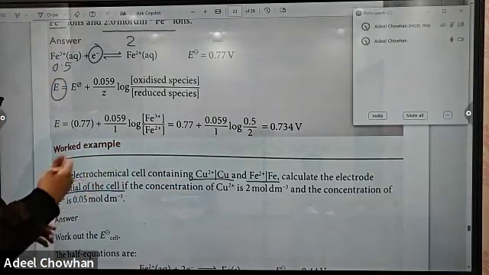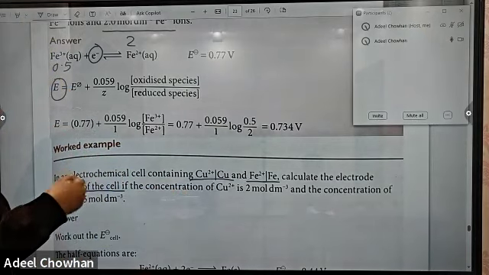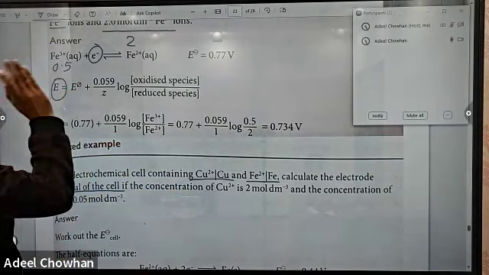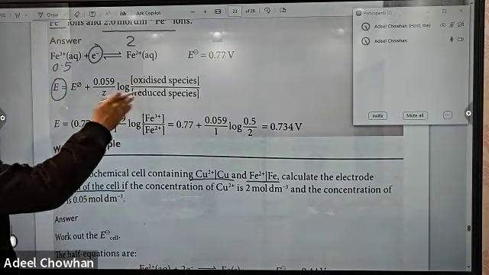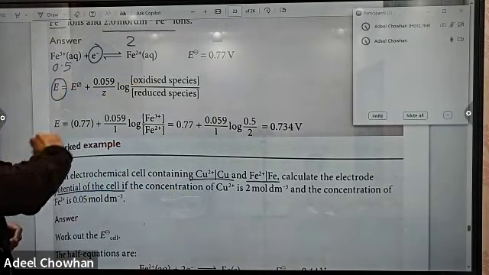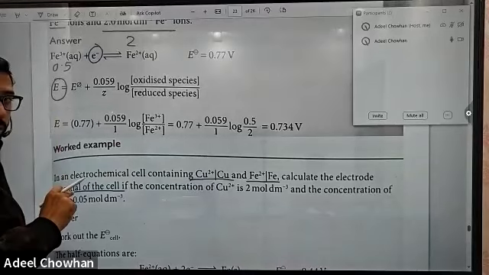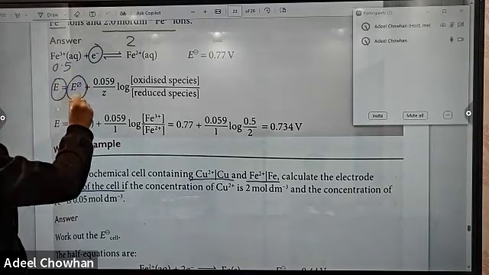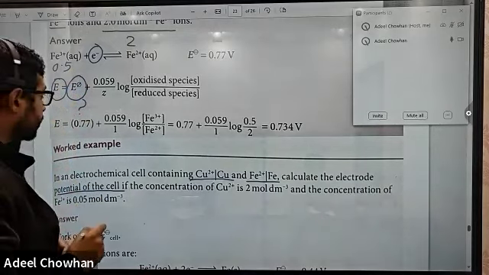We trace back the whole numerical. We have to find the value of E. For this purpose, you should have the value of Z, oxidized species, reduced species, as well as the value of E naught. Do we have the value of E naught? No. We are first supposed to find the value of E naught. And how do we determine that?